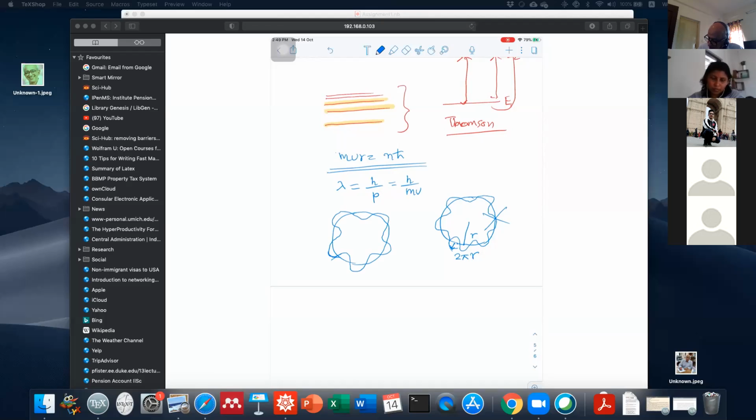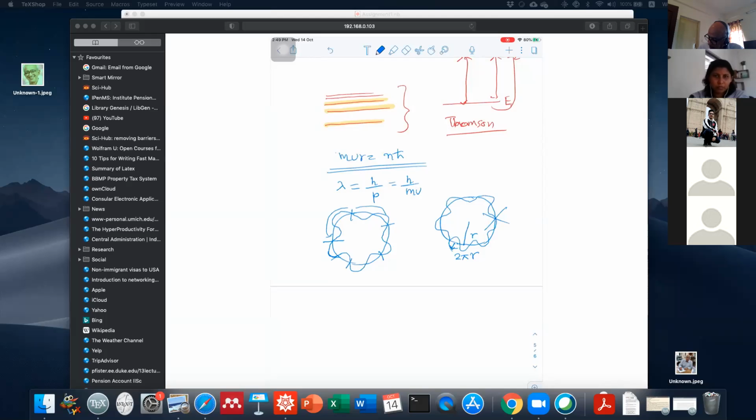Notice if you count the number of wavelengths, this is a wavelength, this is another wavelength from here to there, this is another from there to there, this is another from here to here, and then you have another wavelength. So the circumference is an integral multiple of the wavelength. Then only the standing wave pattern can exist.